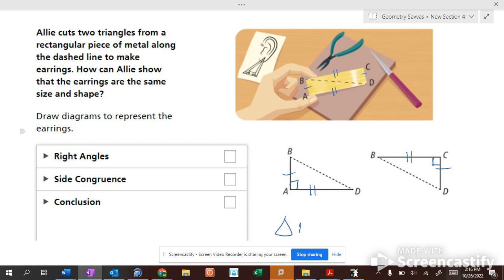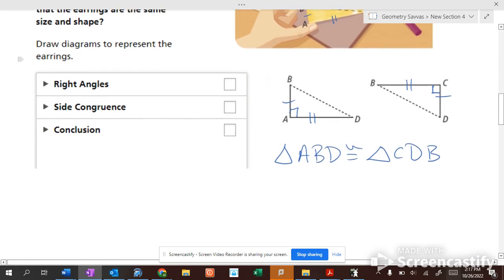So triangle ABD is congruent to what triangle? I went in the order ABD for this one, so what order do I have to go in over here? C, D, B. Because I went across the one mark and then the dashed line, so I have to go across the one mark and then the dashed line. So C, D, B.